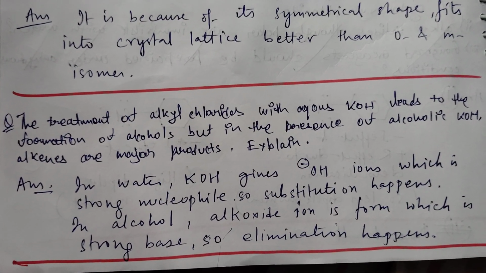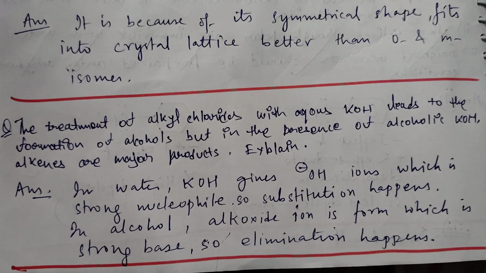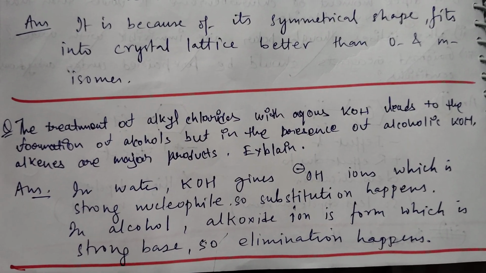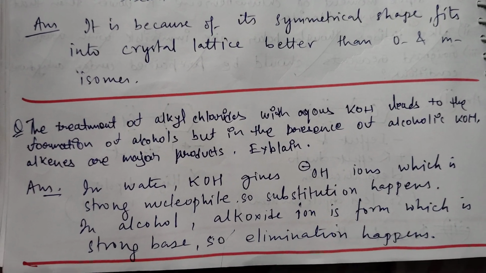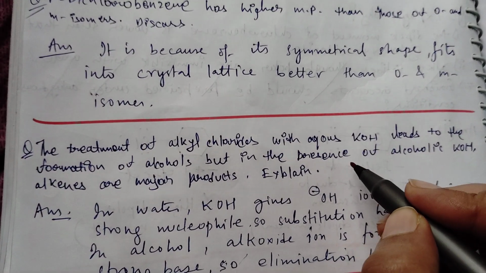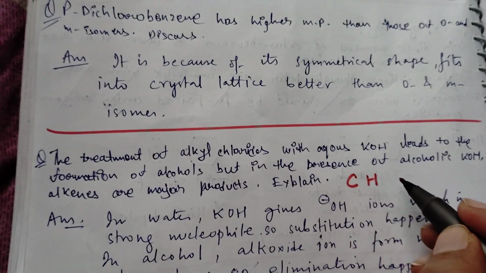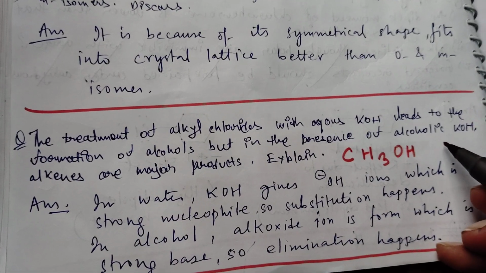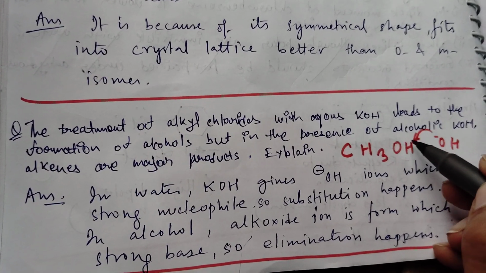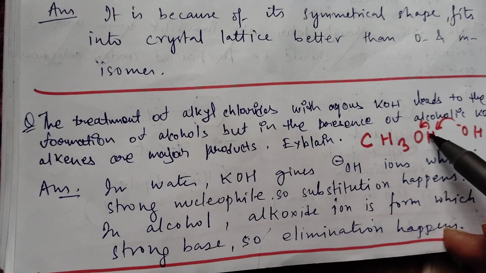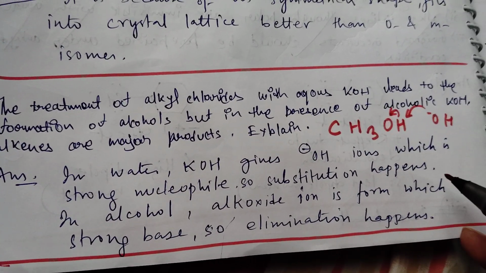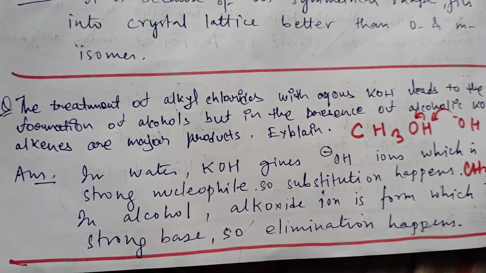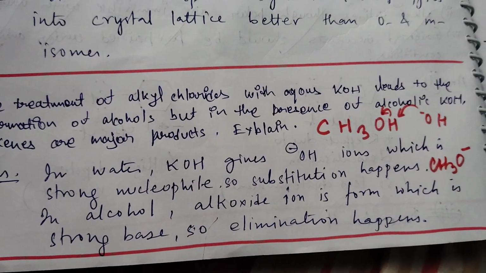In alcohol, meaning organic solvents like methanol or ethanol, in the presence of KOH, alkoxide ions are formed. For example, in the presence of this OH-, this hydrogen is taken and the negative charge comes on O. So it forms something like CH3O-, which is a strong base. Therefore elimination takes place.